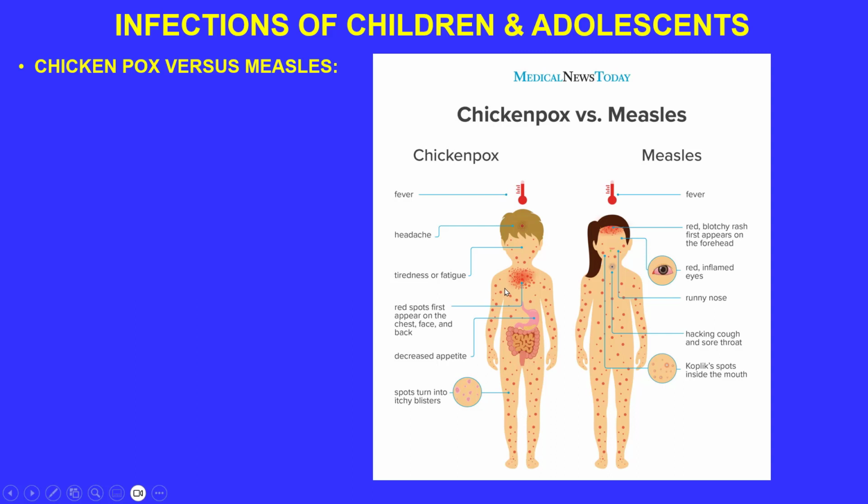But with measles, you definitely have the fever, you have a red blotchy rash that first appears on the forehead and then goes downward. You can have it also get into the eyes, and so you have red, inflamed eyes. So the sclera is inflamed. You end up with a runny nose, a hacking cough, and a sore throat. You will also see pop-like spots inside the mouth. Okay?